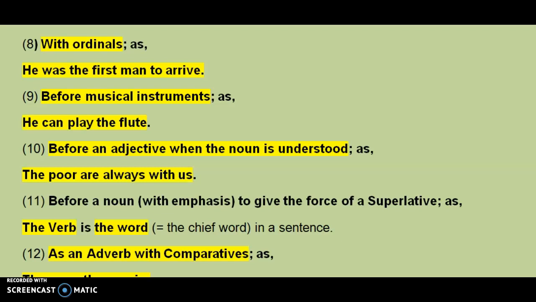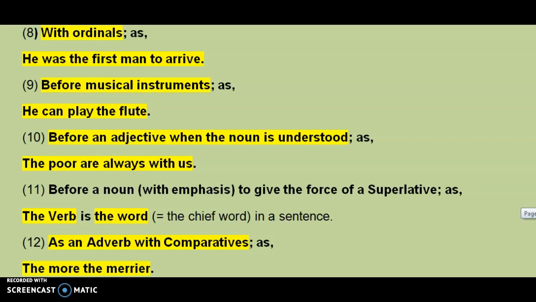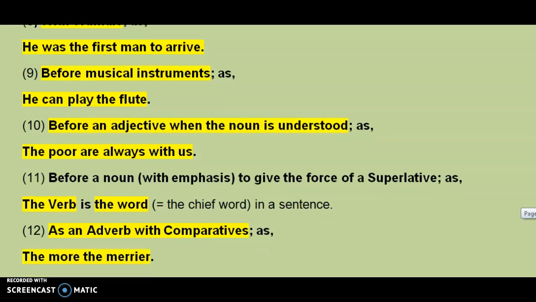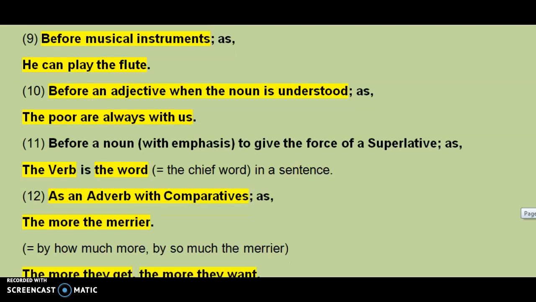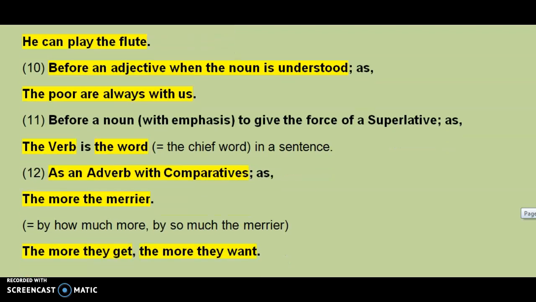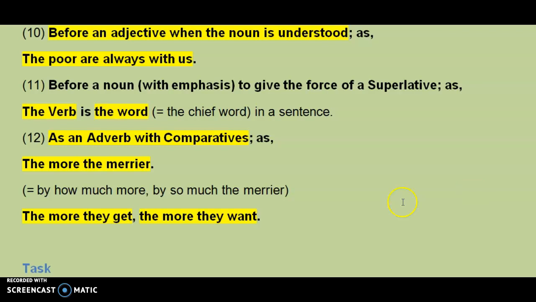Before a noun with the emphasis of a superlative, the chief word, the noun is the focus. Then the with comparatives: if you see two comparatives, the more they get, the more they want. The is added in order to compare one part with the other part.